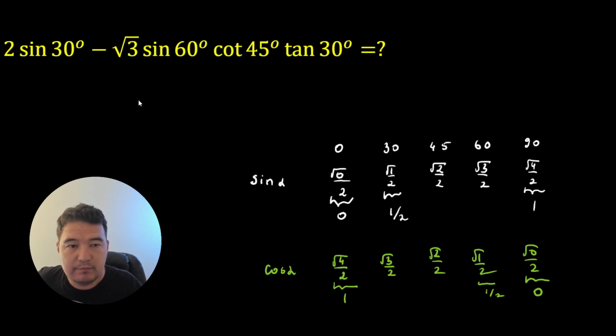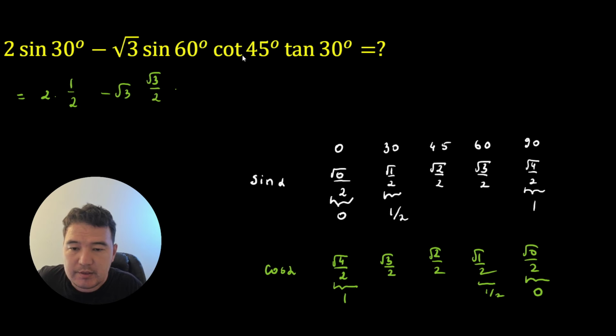So for example, if we start solving our problem, it equals 2 times sine 30 degrees. It's 1 over 2, 1 over 2, minus root of 3 times sine of 60. Sine of 60 is root of 3 over 2. And what about cotangent 45? Recall that cotangent 45 is equal to cosine 45 over sine 45.